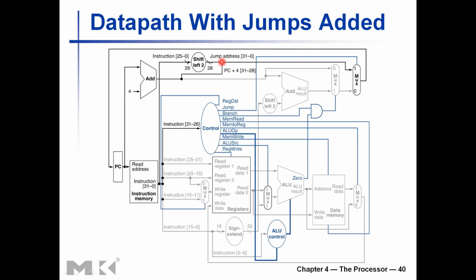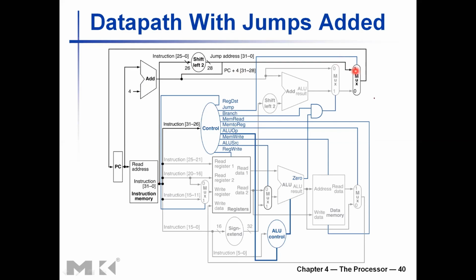And we take the top 4 bits of PC plus 4, the regular next instruction value, bits 28 to 31, the most significant 4 bits, and concatenate it with the 28-bit byte address offset. Then you have the jump address, the 32-bit jump address going into this multiplexer.